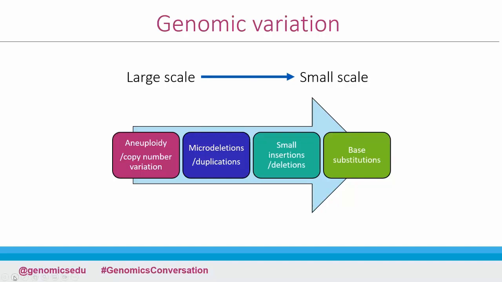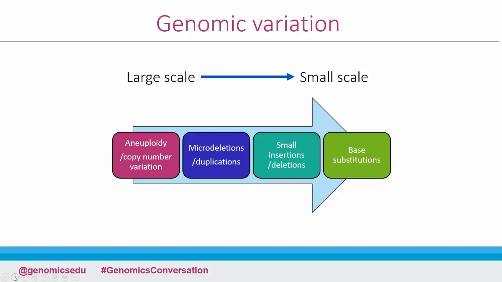So that's smaller regions where you have sections of chromosomes that might be deleted or duplicated. Then we move through to our small scale alterations, where you can have small insertions of bases or small areas of deletions of bases. And then finally, our base substitutions, where you just have an alteration of a letter. And that's our missense alterations, or an alteration of a base can introduce a premature stop codon.